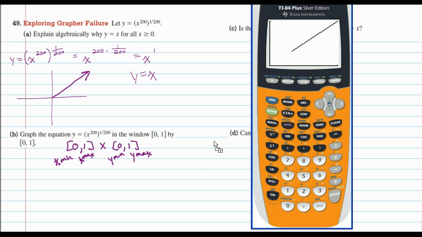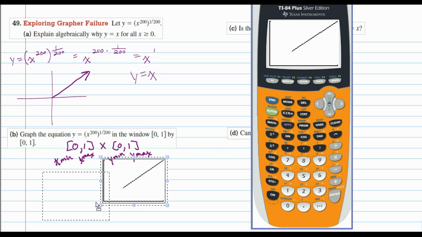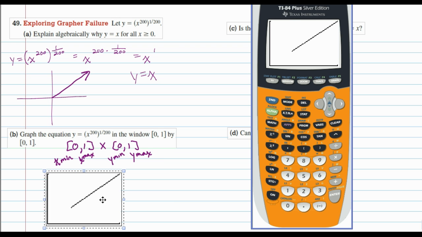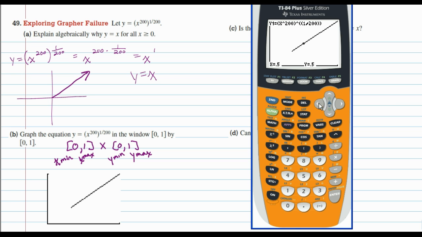What's going on there? Are there no values there whatsoever? Let's see. Let's trace. 0.5, I see a value. Let's look over here. It says y equals 0.